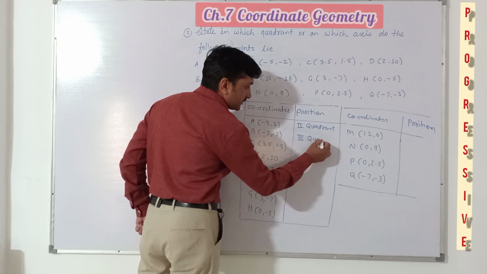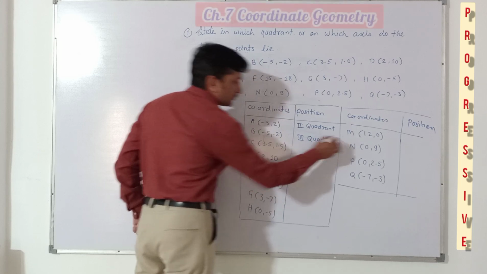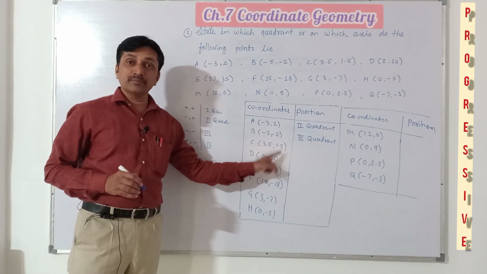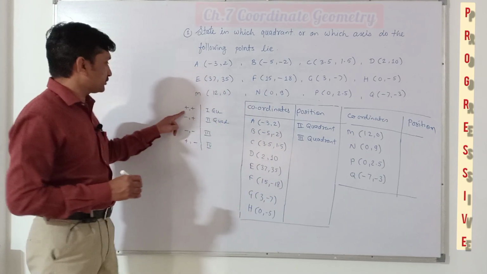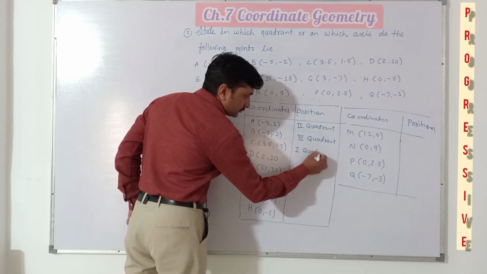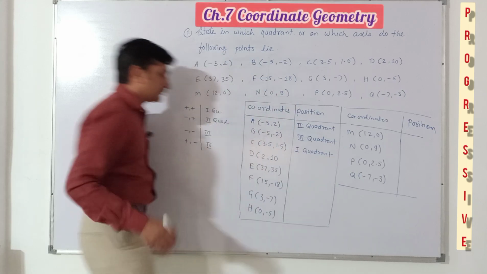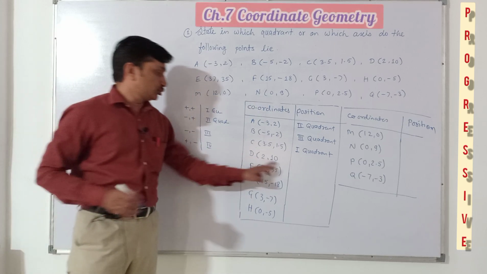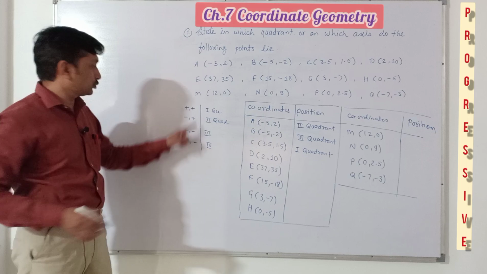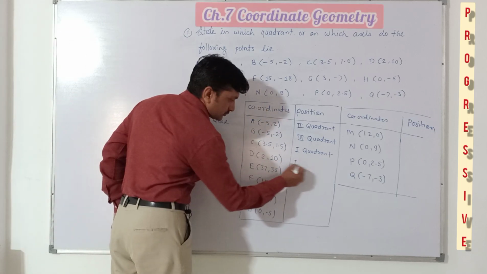In this way we can write, it is very easy. 3.5, 1.5, both positive, first quadrant. 2, 10, again both positive, first quadrant.